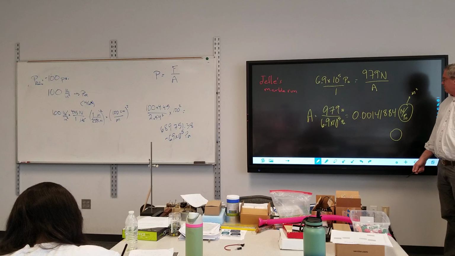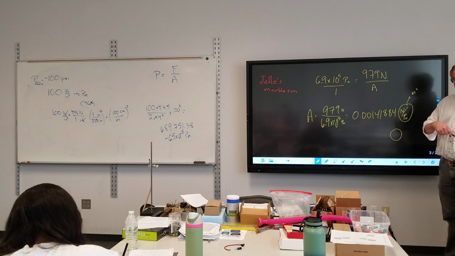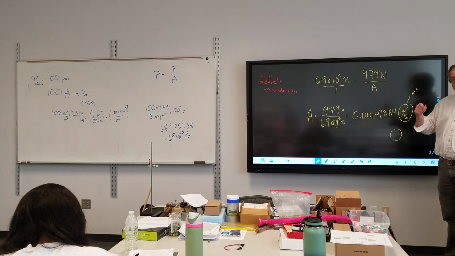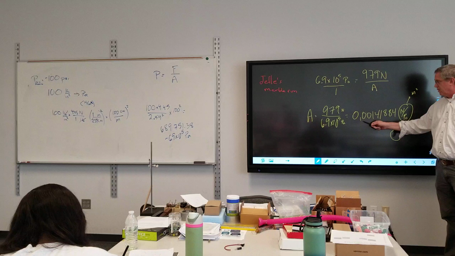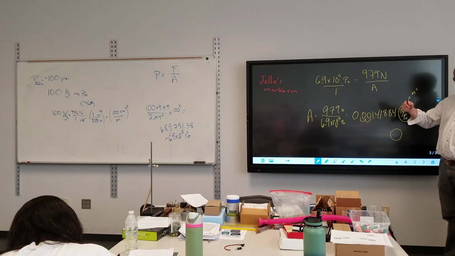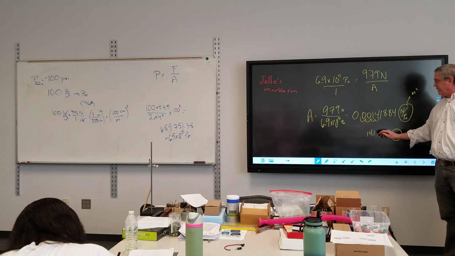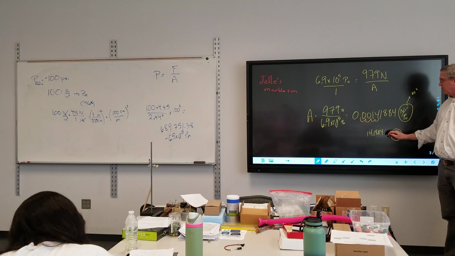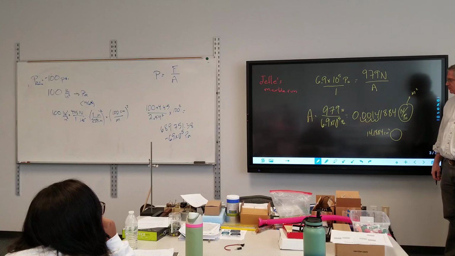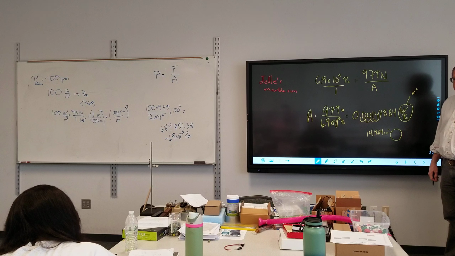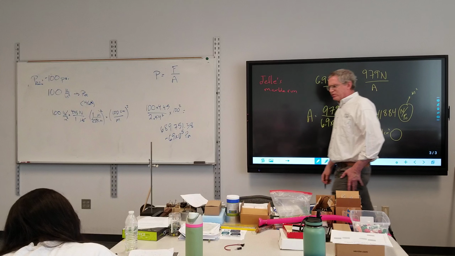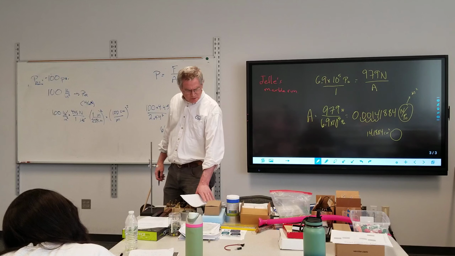To go from meters to centimeters, I move it over 2 places. But I have meters squared that I am converting, so I do it again. And so I get 14.1884 centimeters squared, which is a little under 4 centimeters by 4 centimeters.